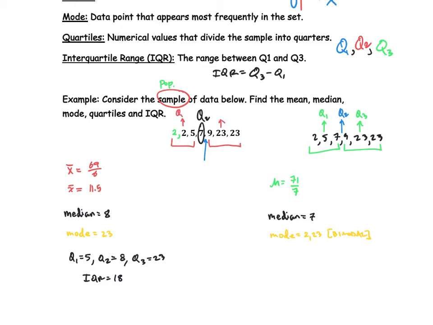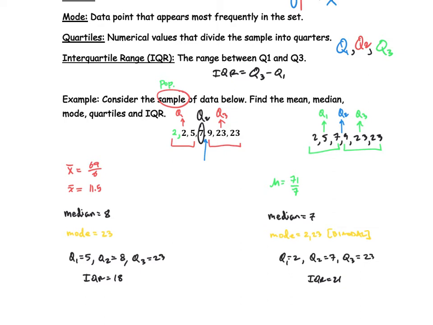Since those are both odd sets, Q1 would be 2 and Q3 would be 23. So we have a slight change. Q1 will equal 2. Q2 we already knew was 7. And Q3 will equal 23. So our IQR expands a little bit, giving us 21 for that IQR.